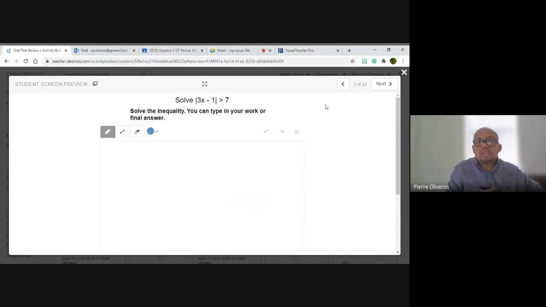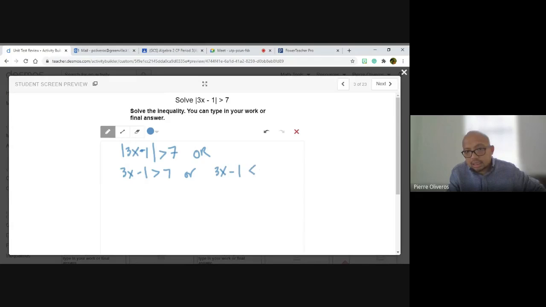Next, you can solve the inequality. You can type in your work or final answer here. So again, this one here is the absolute value of 3x minus 1 greater than 7. Since that's greater than, it's an or problem. So we can say 3x minus 1 is greater than 7, or 3x minus 1 is less than negative 7.